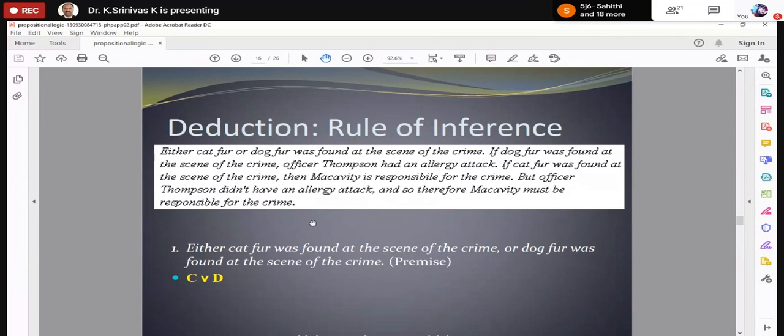If cat fur is found at the crime scene, then this fellow is responsible for the crime. McAvity is responsible for the crime. So here, the simple rule is, if the officer Thompson is not getting any allergy, it is indicated that the fur found at the crime scene is the cat fur. That means McAvity is responsible for the crime.